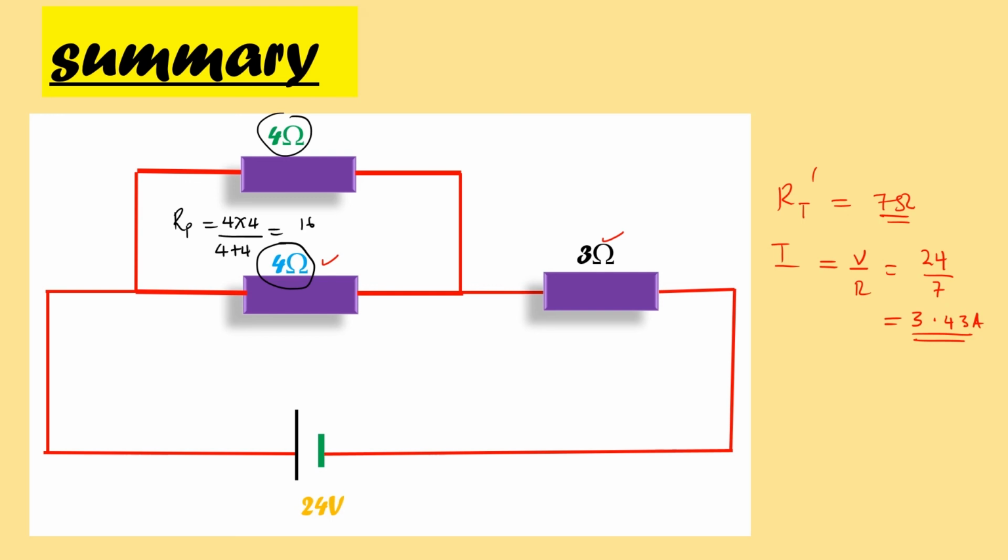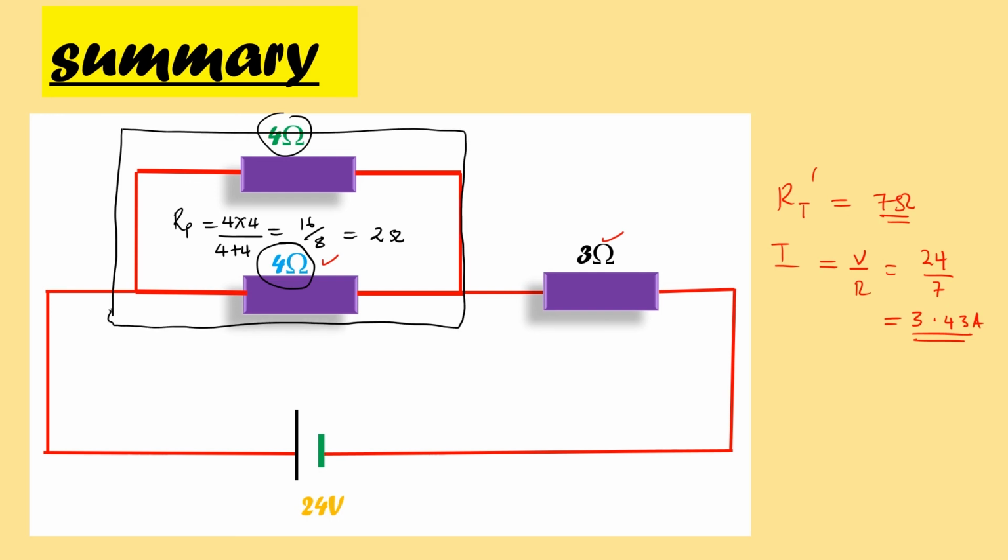You realize that now I've reduced the total effective resistance in this region, because this now becomes 2 ohms. Therefore the total resistance, RT prime, becomes 2 plus 3, which is now 5 ohms.